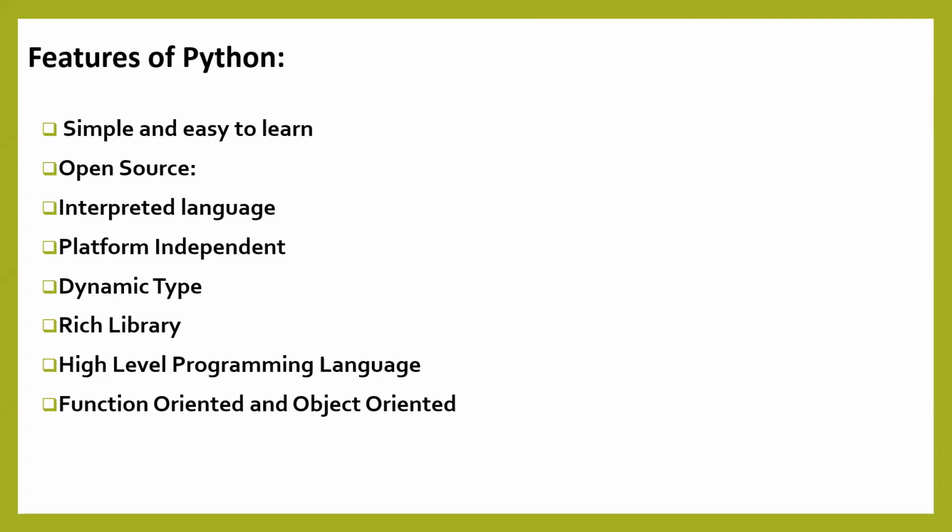And the next one is platform independent. What do you mean by that? Platform independent means I can use the Python language on the Windows operating system, and I can use it on Linux, and I can use it on MacBook, that is, macOS. We have different types of operating systems. Usually, almost 80 to 90% of people are familiar with Windows laptops.